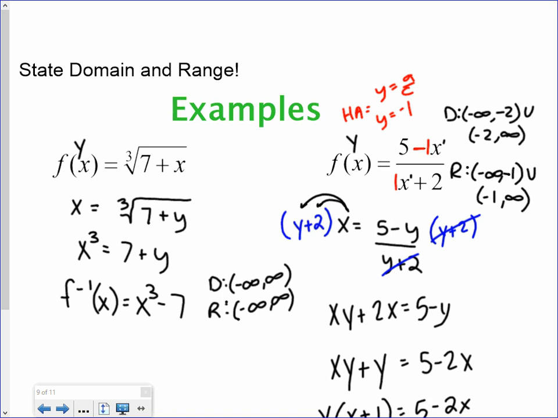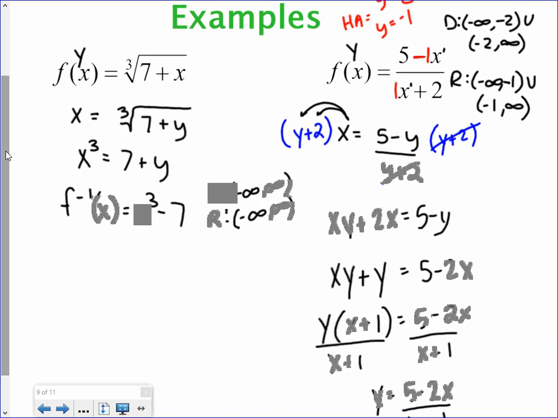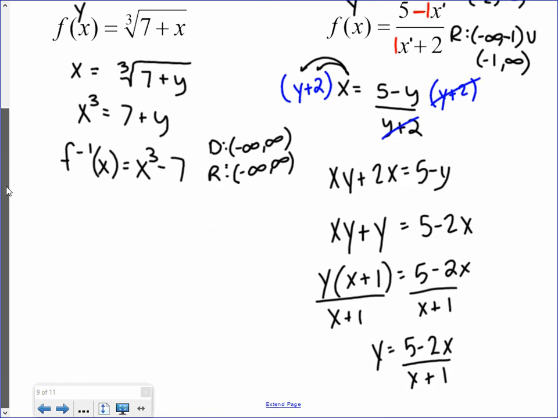It's just the ratio of the leading coefficients of your x's. If you can jot that down, I'm going to show you how it works on the inverse too. So negative 1 and 1 are the numbers we're looking at there. Let me scroll down to the bottom, because those things should flip. What's your domain in a rational function? What value makes this denominator equal 0? Negative 1. Wasn't that our range in the previous one? Yep.